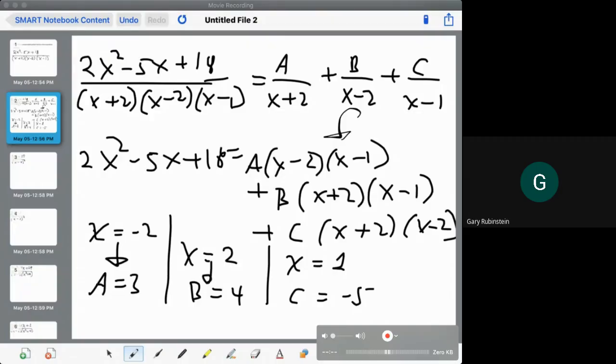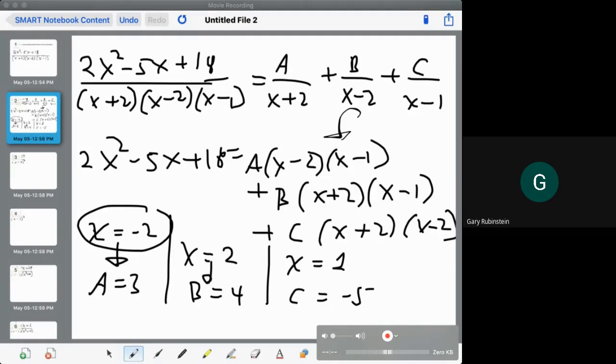And then when you substitute convenient values of -2, 2, and 1, each one will turn two of the terms into 0. So when I put x equals -2 here, the b and the c are going to get multiplied by 0, and you'd just be left with a, and you can solve for a.